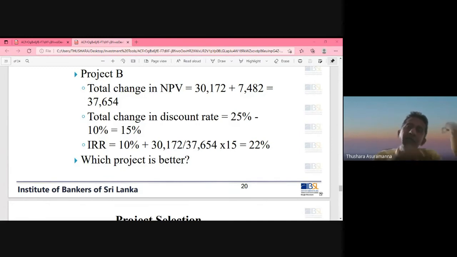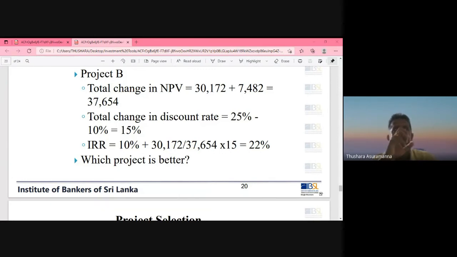Then you have to assume about double that, maybe 25 or 30. I was telling you the other day that financing decision and investment decision are two things. But when you arrive at these discounting factors, they might give us some clues.